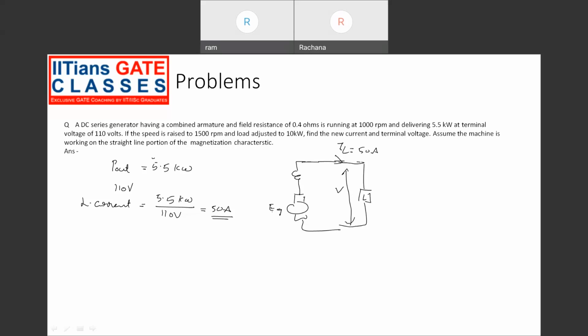The induced voltage EG, or E, can be given as V plus Ia Ra, that is 110 volts. Armature current is nothing but the load current, so with resistance 0.4, it is 110 volts plus 50 into 0.4, which gives 130.